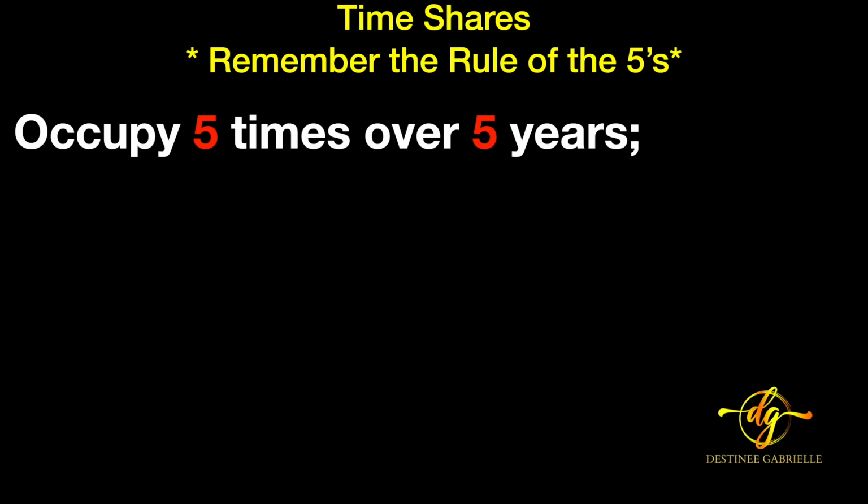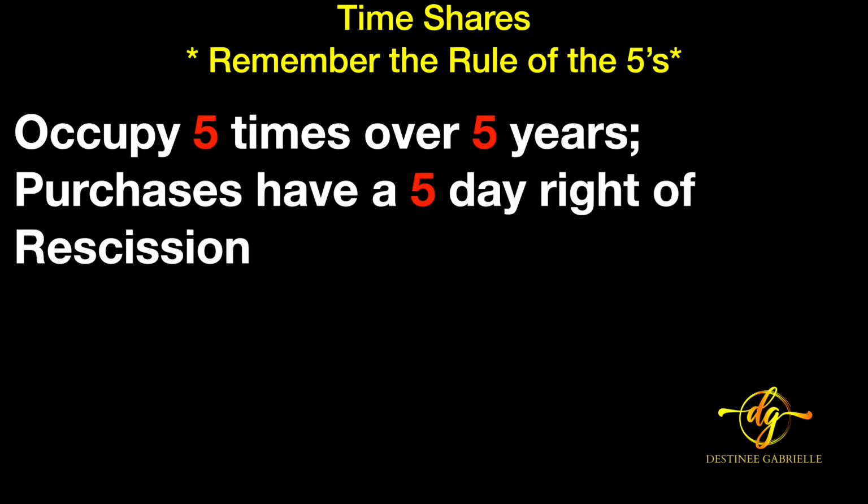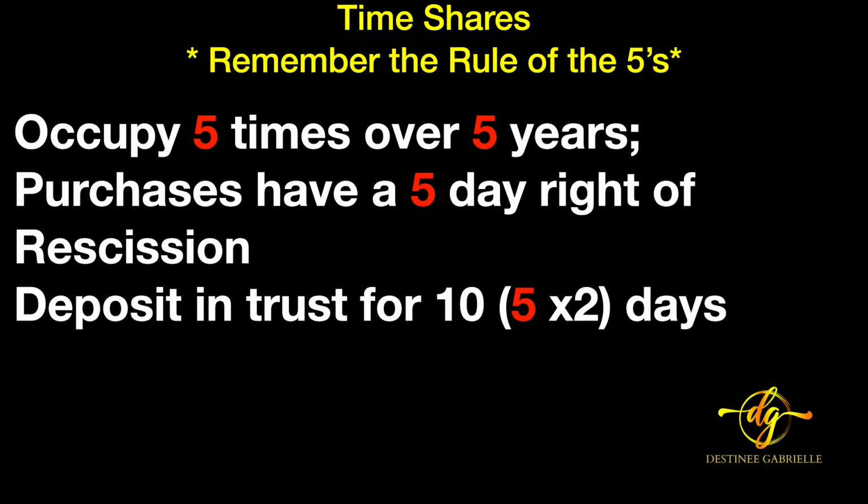So if it says 10 times over 10 years, that's not the same thing. The next one, purchases have a 5-day right of rescission, meaning it's basically like a return policy. Now, the third one, the money has to be deposited in a trust for 10, which is 5 times 2 days.